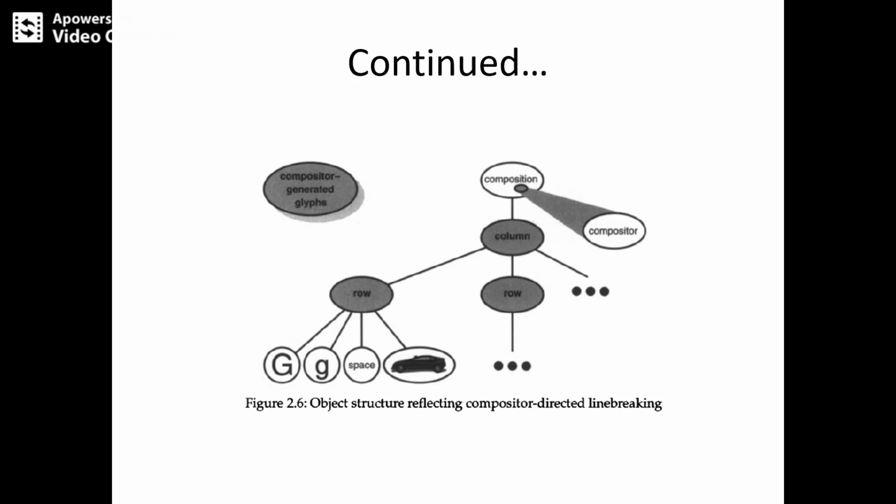Next, another column will have an object, that is an image. This is followed by another line break, another row. Like that, we can have different characters followed by a space or an object, or followed by any character, and so on, which will be continued. So this is the object structure, reflecting the compositor-directed line breaking.